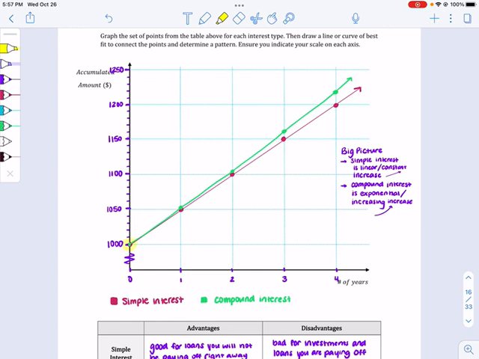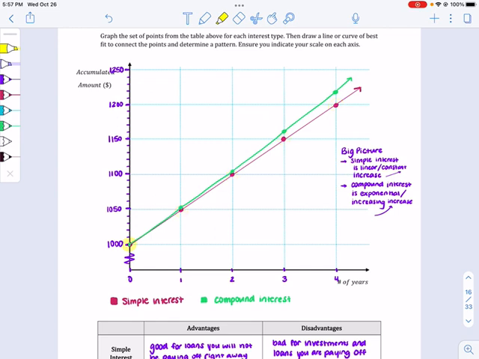So we started off at 1,000, we get 1,050, 1,100, 1,150, 1,200, because every single time our simple interest is only earned on the original principal. And because the principal is consistent, the interest we earn is consistent. So we'll notice that the graph is linear.